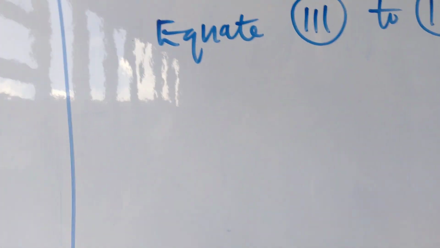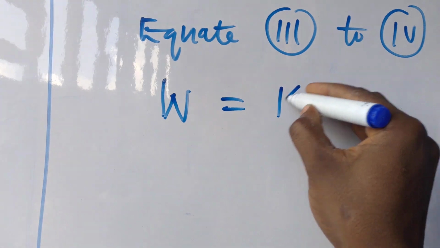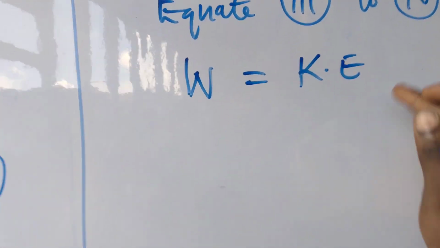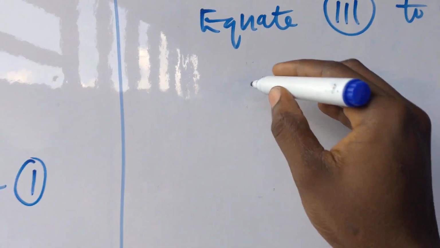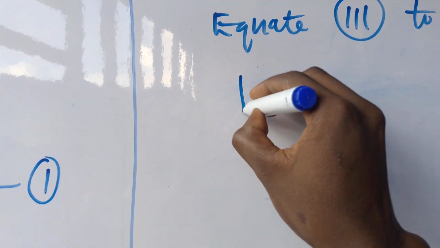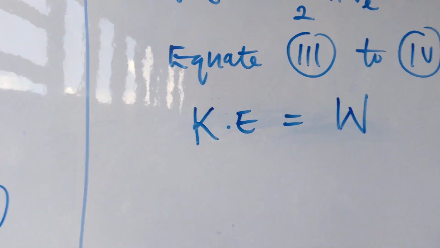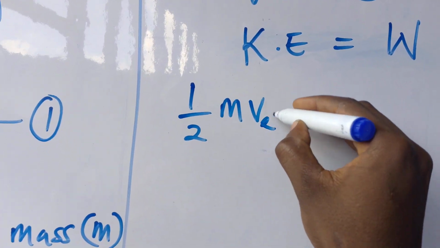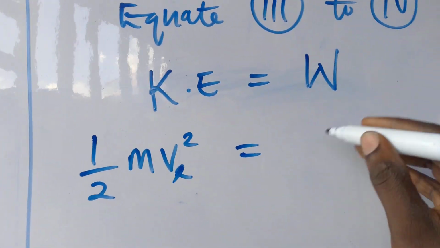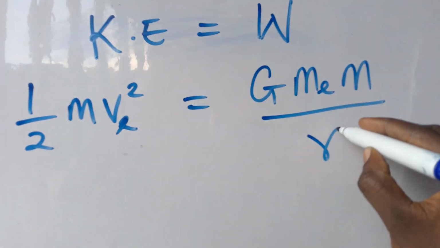That means that you are equating work done to kinetic energy, that is, kinetic energy equals work done. So kinetic energy, half m ve square, is equal to my work done, G me m over r.